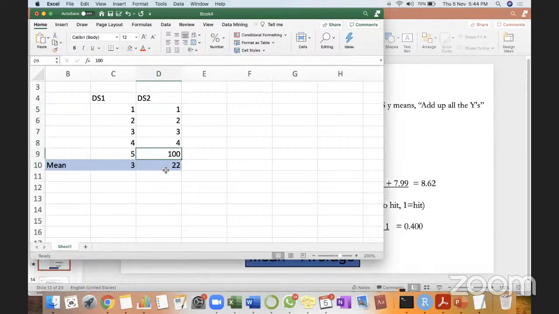That means the mean is not a good representative when you have outliers in the data set. So that is where there is a problem with the mean. When you have outliers in the data set, the mean is not the right representative for this kind of data set. Then what is the right representative when you have outliers in the data set?